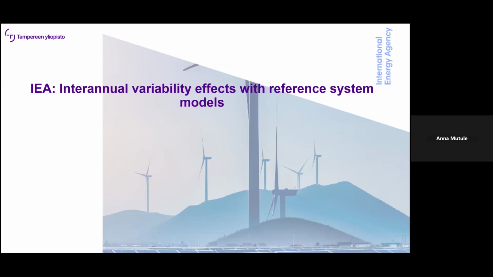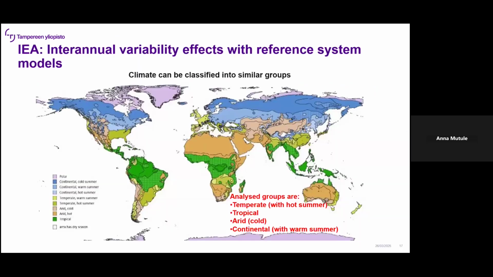Also, using reference system model analysis, it assessed how variability in wind and solar resources can impact planning, investments, and system reliability across different countries and regions.